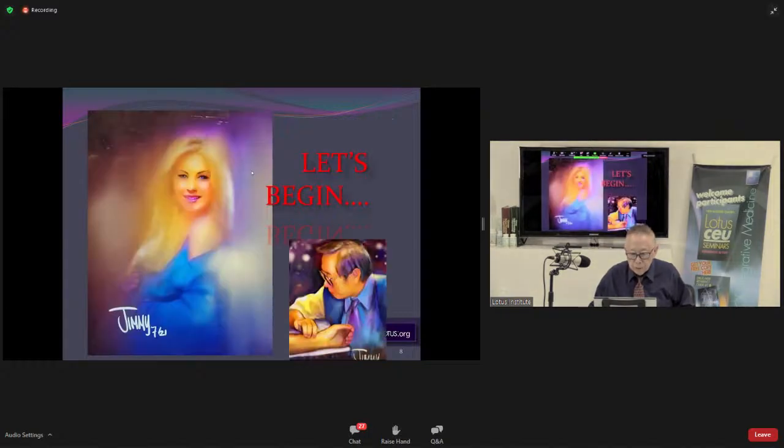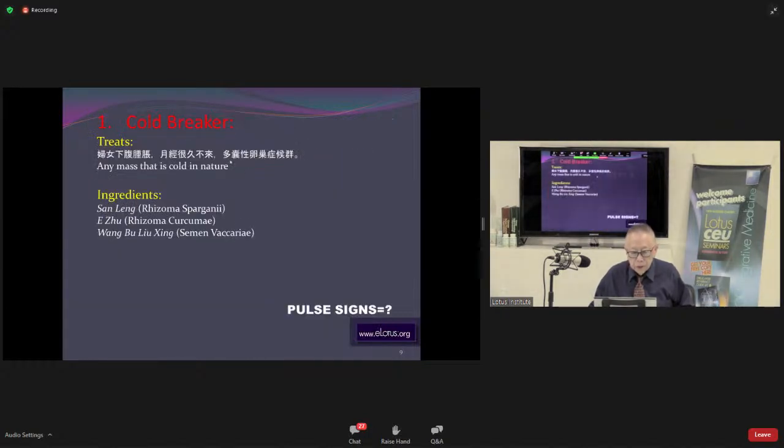Okay, let's begin. First one is the cold breaker. The name cold breaker, I don't know who gave the name, me? I don't remember. But anyway, it's supposed to deal with all the cold or stagnation conditions, which means there's no inflammation. So how do you know if the guy has inflammation or not?